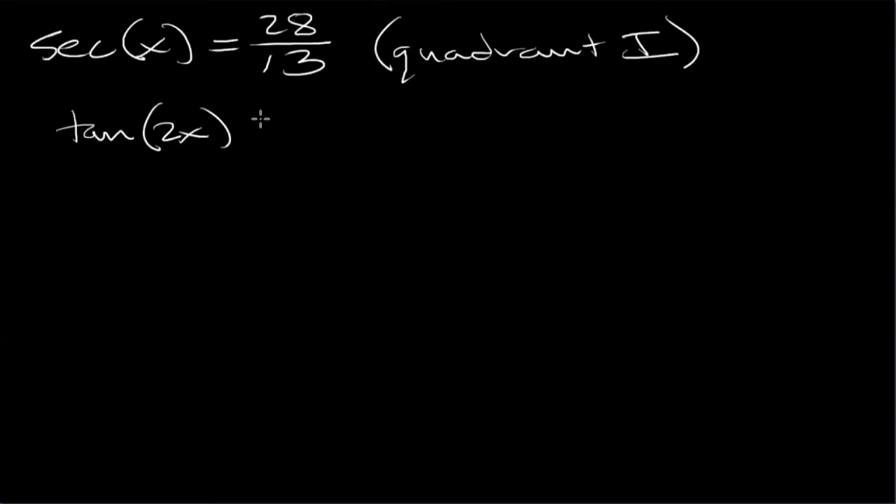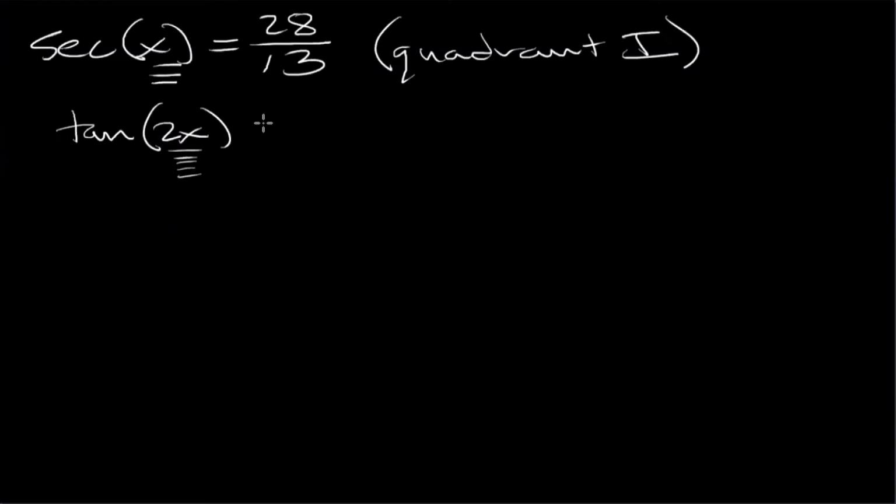And the first problem we have here is you cannot go straight from here to here, because one of them is just x and the other one is 2 times x. And the way trig functions work, you cannot directly correlate those two angles together unless you use an identity. You have to know what the relationship is.